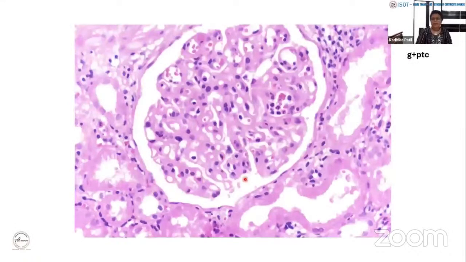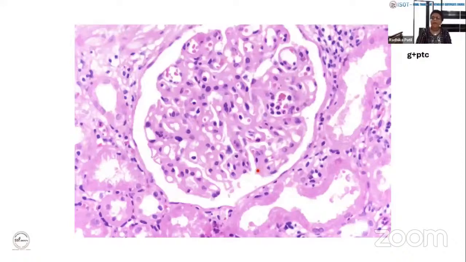This is H&E stain 20X showing a glomerulus, few tubules, and peritubular capillaries. So the tubules are showing tubular injury. There is loss of brush border, and some mild peritubular capillaritis is also seen. Now coming to the glomerulus, it is showing some thickening of the glomerular basement membrane, but we should not comment on H&E stain.